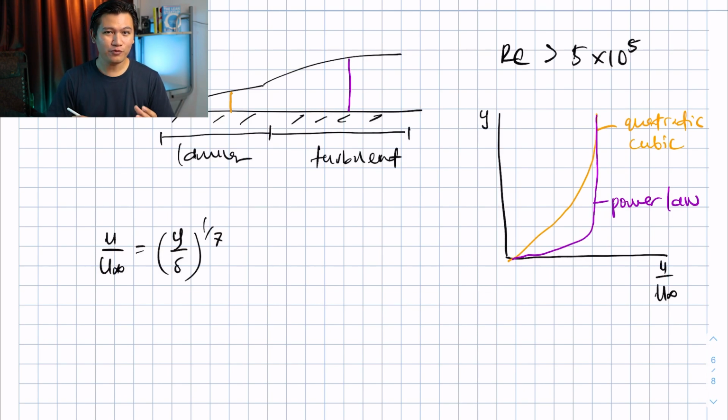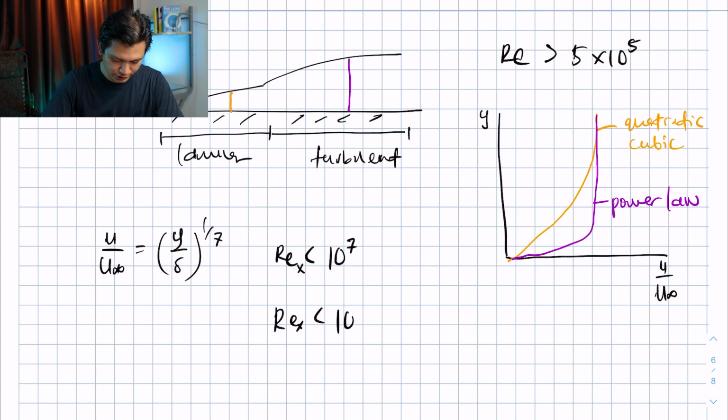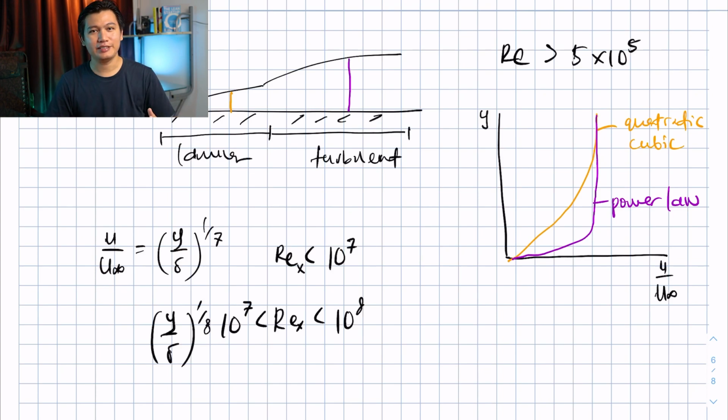Okay, and for (y over delta) to the power of 1 over 7, it is suitable for the Reynolds number that is less than 10 to the power of 7. When you have the Reynolds number between 10 to the power of 7 and 10 to the power of 8, you're going to be using (y over delta) to the power of 1 over 8, right?